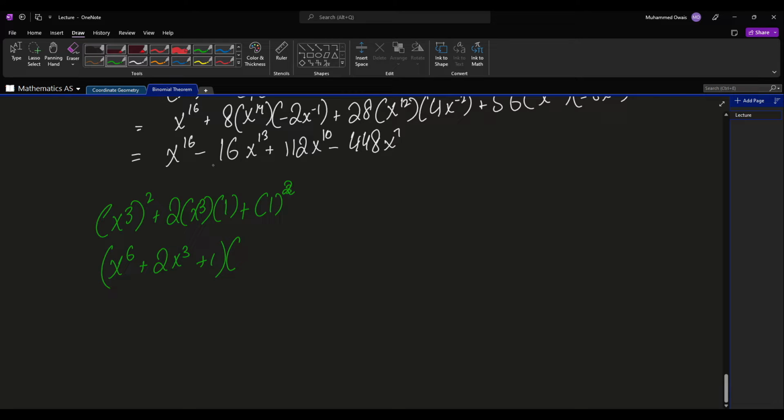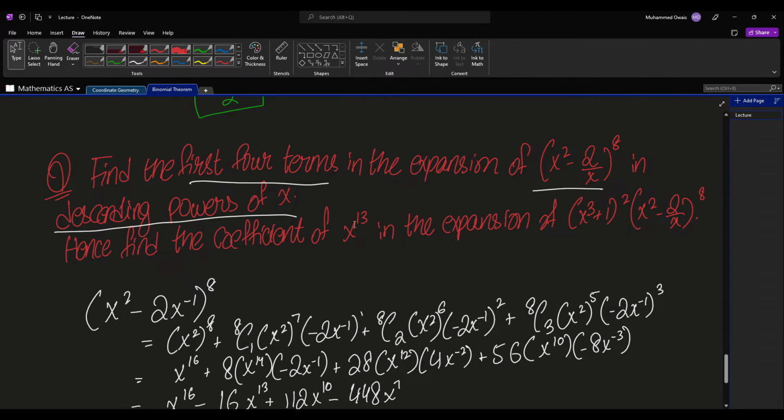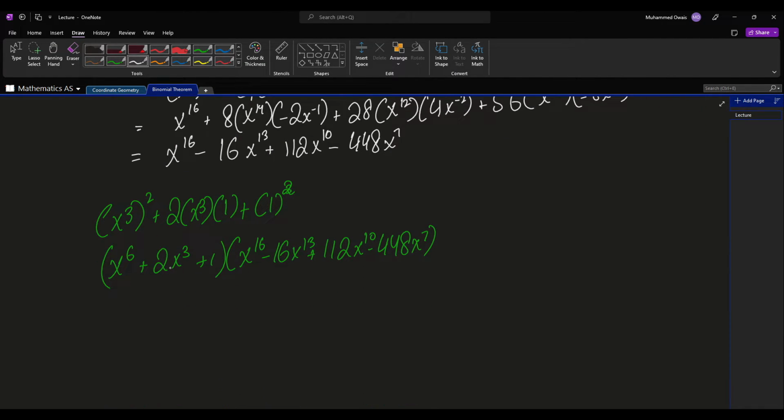Now then, multiplying it with this, x16 minus 16 x13 plus 112 x10, negative 448 x7. Now then, let us multiply only the terms that will give us x13. If I multiply x6 with x16, it will not give me x13.